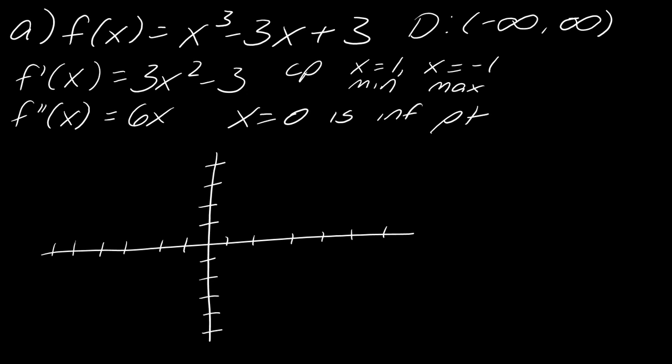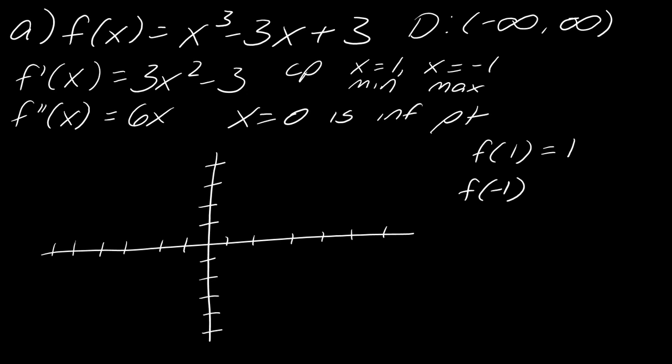Okay, and so now the thing that you want to remember with all of these inflection points that you found and critical points and all that, you need to plug these back into the original function f. So let me do that. So I'm going to have f of 1, that equals 1.